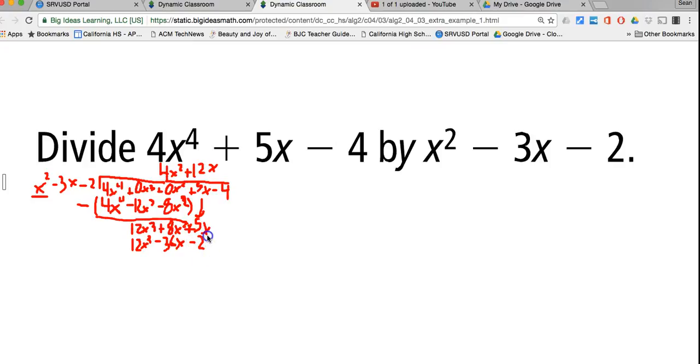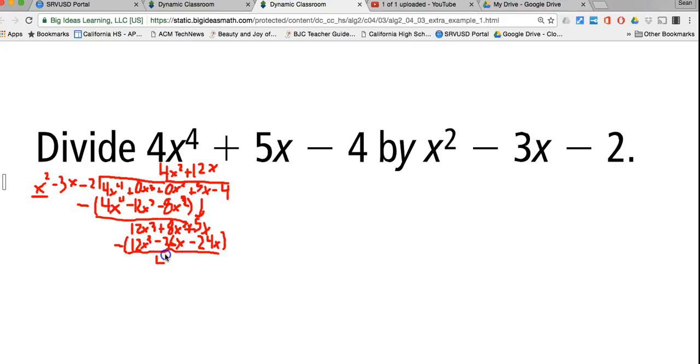Okay, now we need to put our parentheses around this and make sure that we subtract the whole thing. So 12x cubed minus 12x cubed is 0. 8x squared minus negative 36x squared, so minus times minus gives plus, so 8x squared plus 36x squared gives us 44x squared.